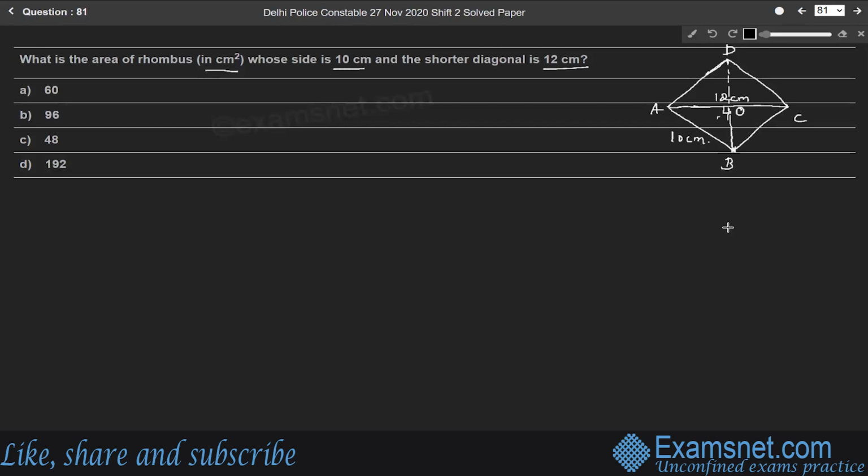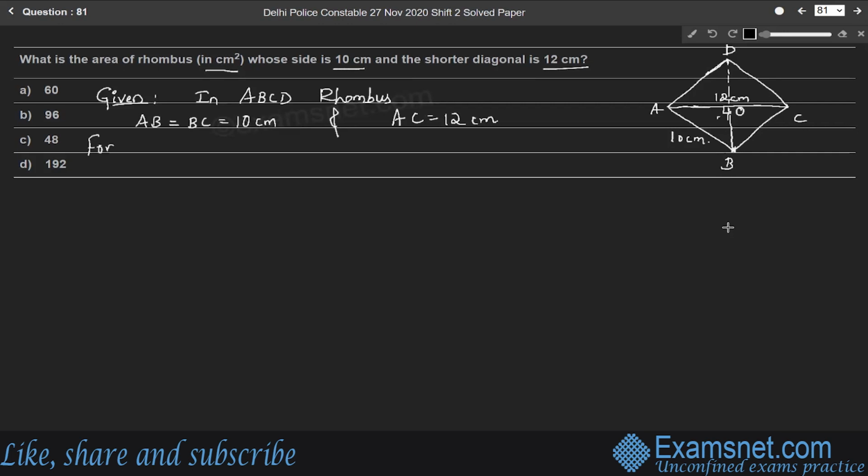So in case of a rhombus, here the given data in ABCD rhombus: AB is equal to BC is equal to 10 centimeter, since all sides in a rhombus are equal, and the diagonal AC is equal to 12 centimeter.